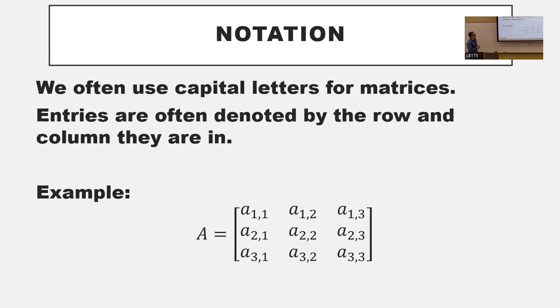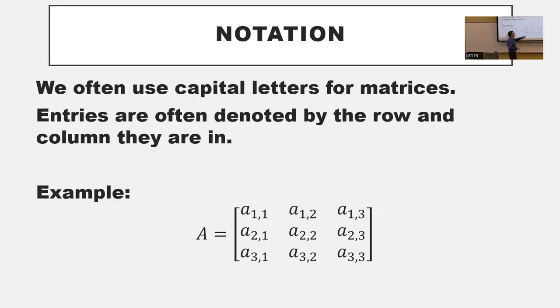Notation-wise, we often use capital letters to denote a matrix. So matrix A usually is just capital letter A. And then the entries of that matrix are defined by what row and column they're in. So we say that the 1, 1 entry is the entry in row 1, column 1.